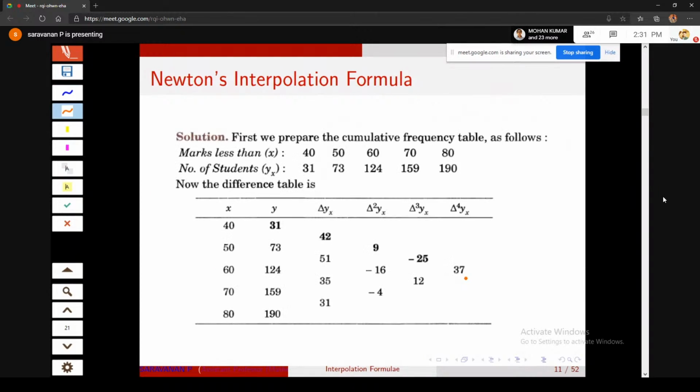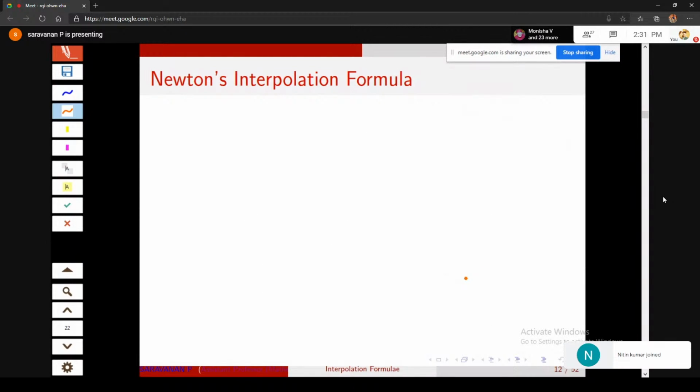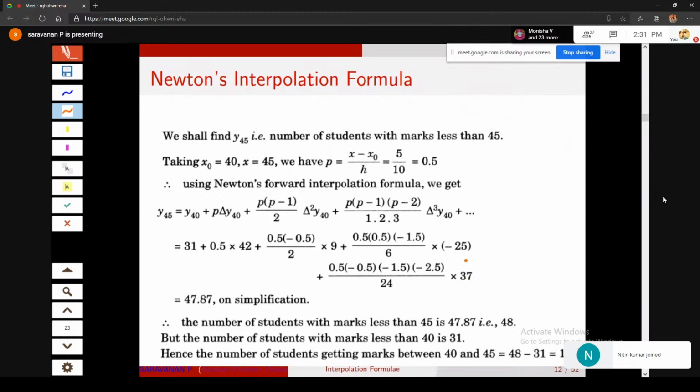Substitute all these values in Newton's forward interpolation formula. Simplify, we get 47.87. But we cannot say 47.87, so if we approximate, we can say there are 48 students who have secured less than 45 marks.